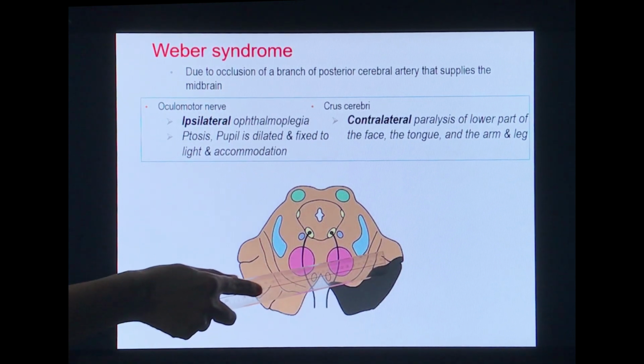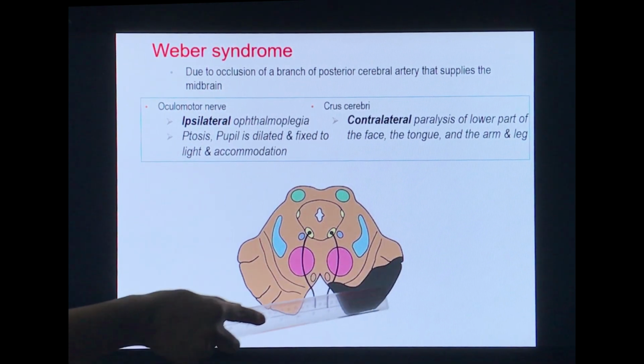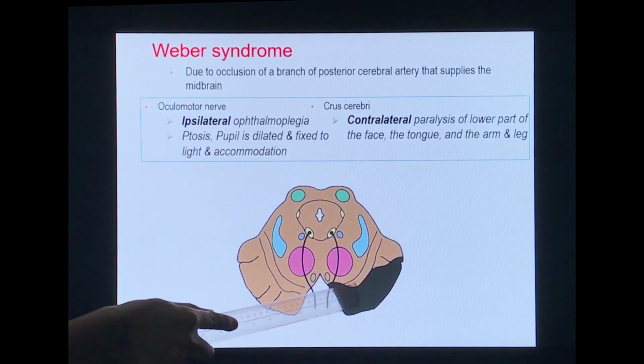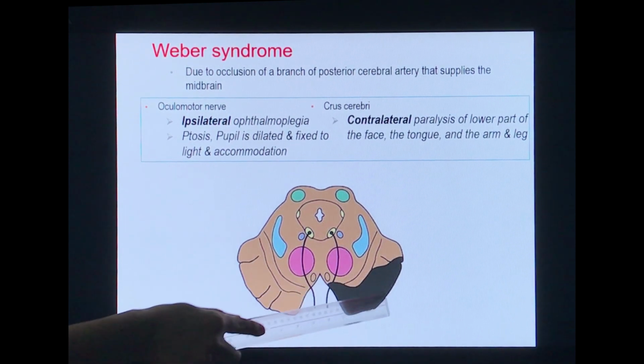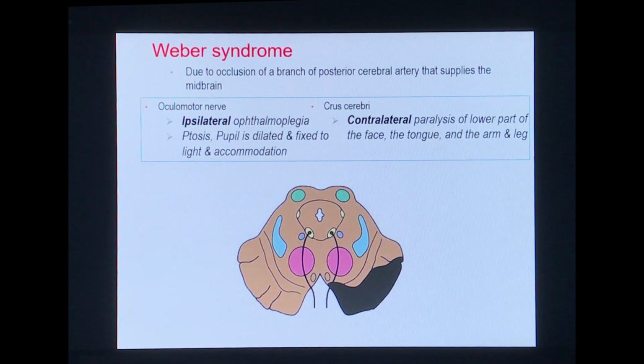Since the crus cerebri is involved over here, mainly the medial 2/3 and medial part, as you know, the medial 2/3 contains corticonuclear fibers and corticospinal fibers. Corticonuclear fibers are those fibers which send fibers to the cranial nerve nuclei located in the pons and medulla oblongata. And you know what cranial nerves are present there.